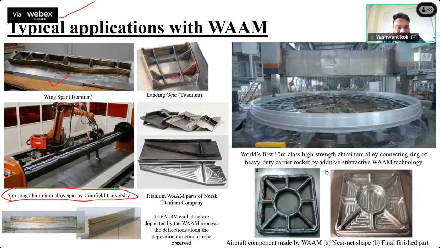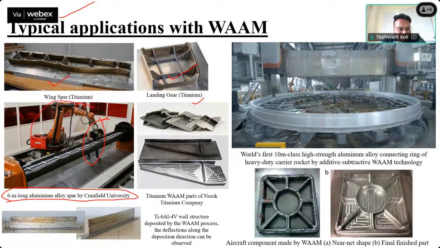This is a company started by a PhD scholar, who made a startup and built this well-renowned company, WAM 3D. He is fabricating 3D components of different materials like aluminum, stainless steel, titanium alloy, and Inconel alloy. He has a very good team.